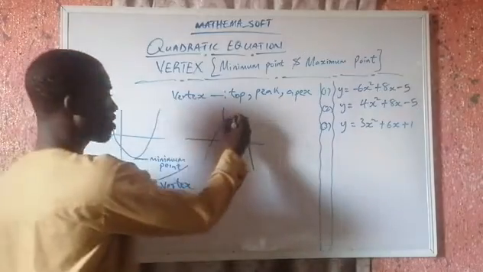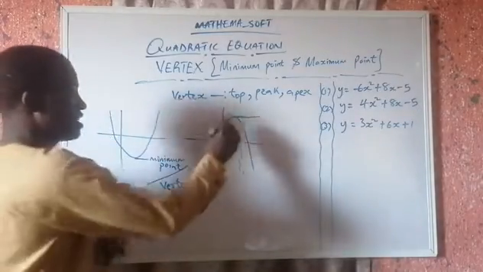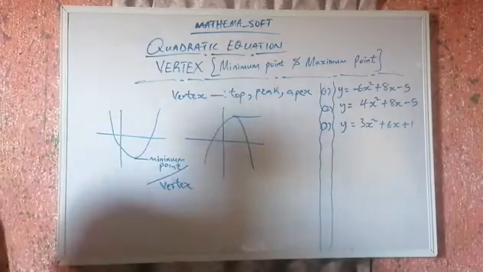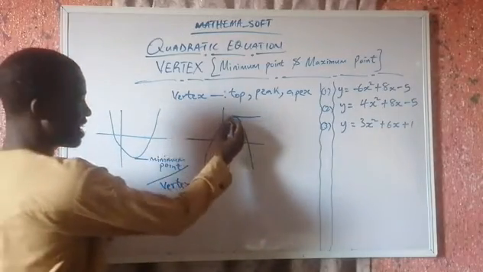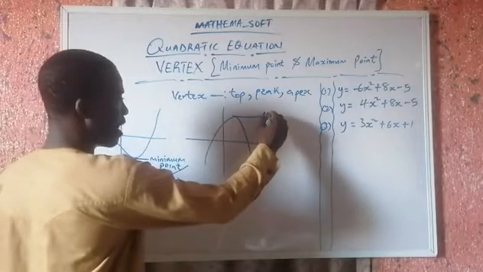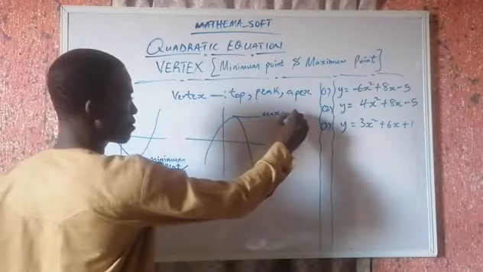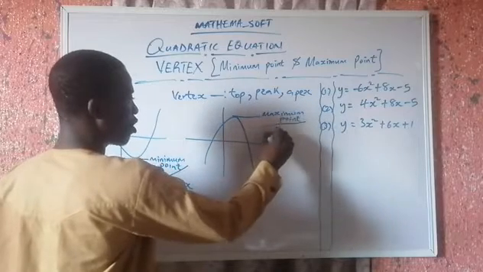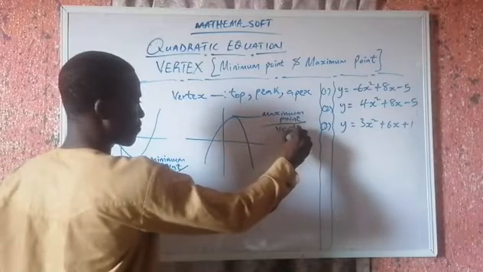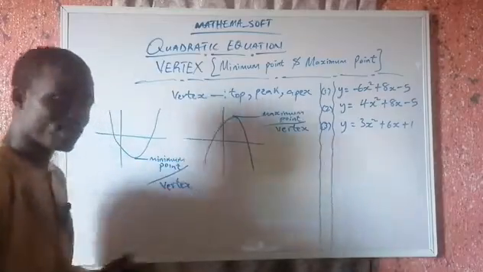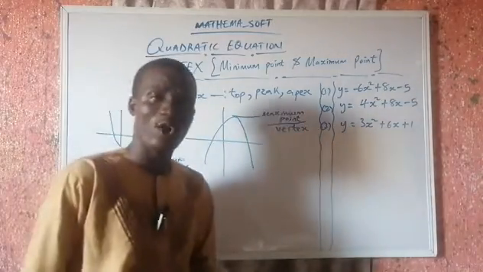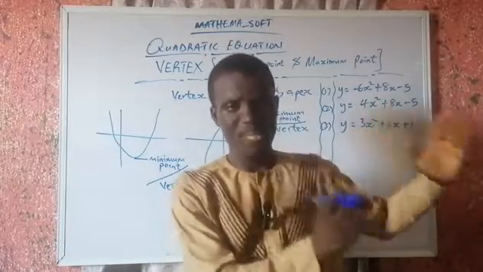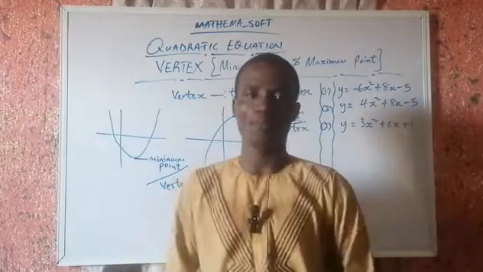And when the quadratic equation is an N-shaped graph like this, what we get here as the point is our maximum point, or we still call it the vertex. In other words, the vertex of a quadratic equation can either be a minimum point or a maximum point.